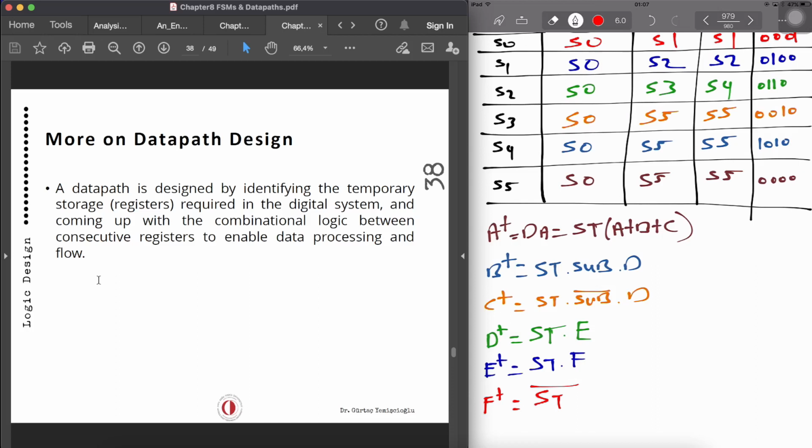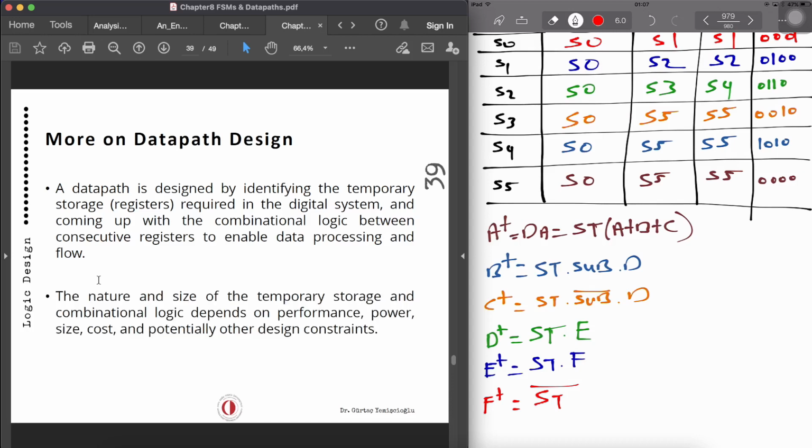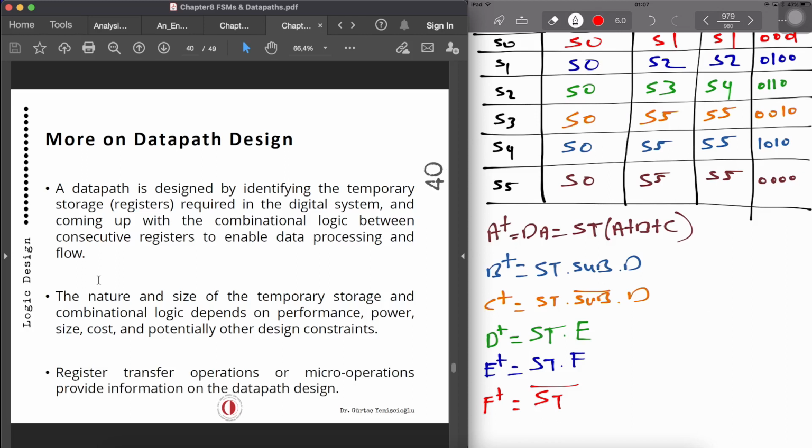The nature and size of the temporary storage and combinational logic depends on performance, power, size, cost, and other design constraints. It also depends on the architecture, whether it is 8-bit or 16-bit or something like that. Register transfer operations or micro operations provide information on the data path, and then we derived the state diagram based on that.